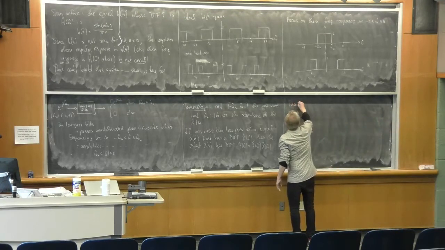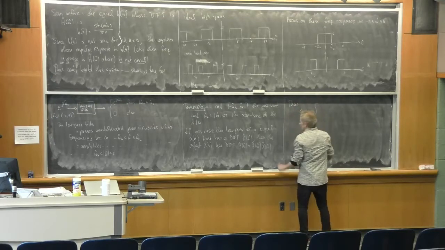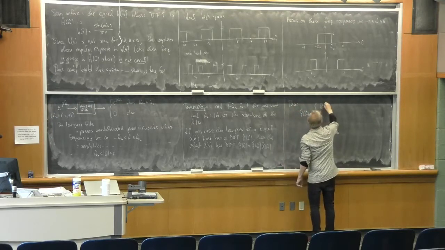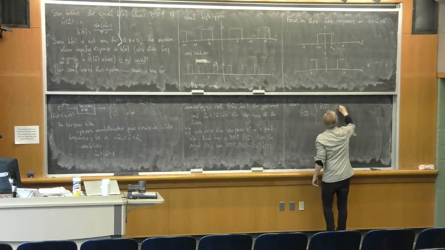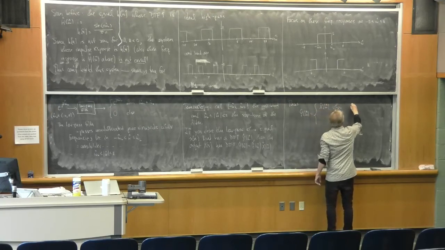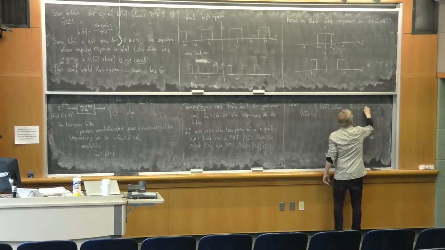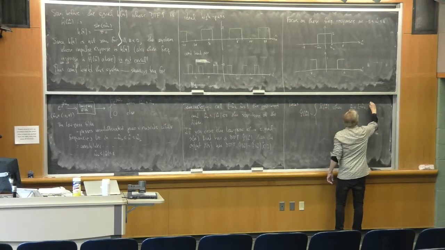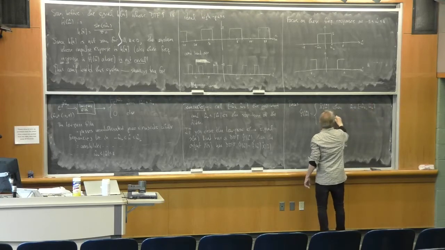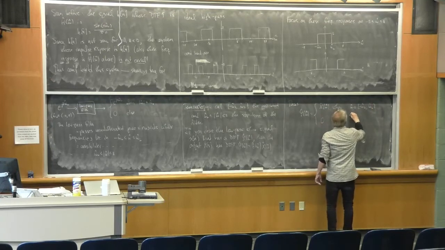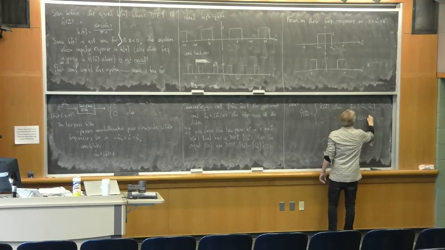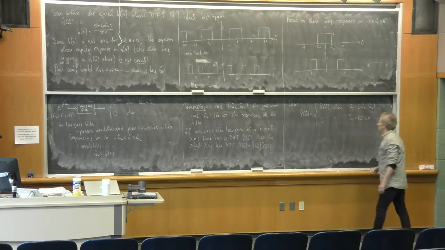Thus, y hat of omega hat equals x hat of omega hat when omega hat is in the pass band. So omega hat is in the interval minus omega hat b up to omega hat b. And it equals 0 when omega hat b is less than or equal to absolute value of omega hat less than or equal to pi.